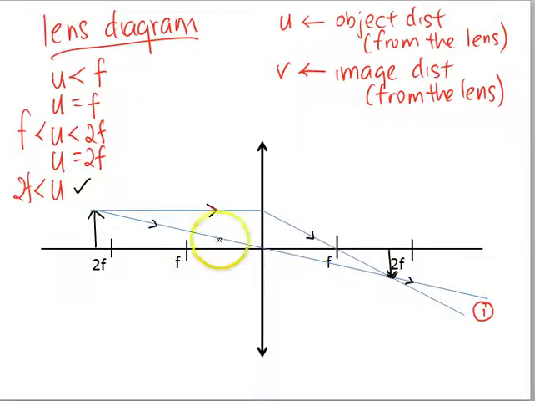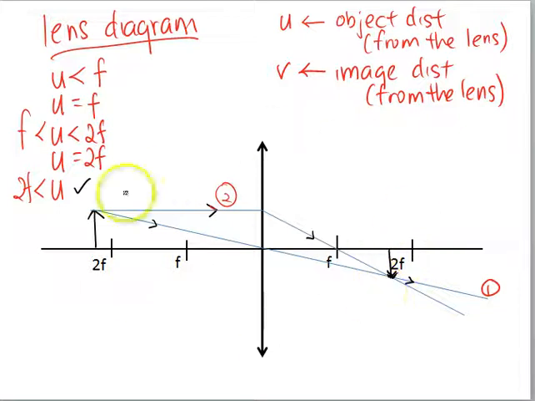So this is actually how you draw your lens diagram. First is from the tip of the object through the center of the lens. From the tip of the object to the center of the lens, this is the first ray. The second ray goes parallel and cuts through the focal point. 2 light rays to find your image.